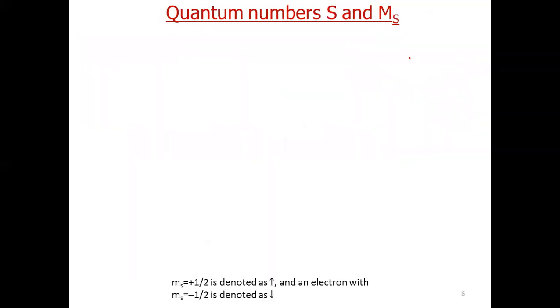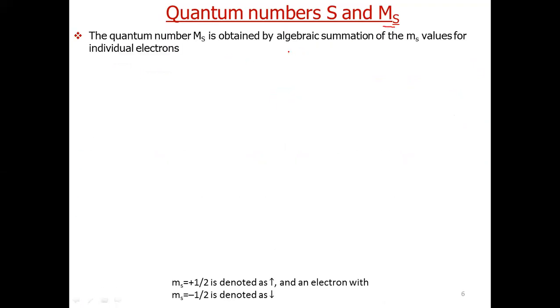The next quantum number similar to ML is MS, which is obtained by algebraic summation of small ms values for individual electrons. For an individual electron, ms can have 2 values. ms can be plus half, which is denoted by an upward arrow, and ms equal to minus half is denoted by a downward arrow.